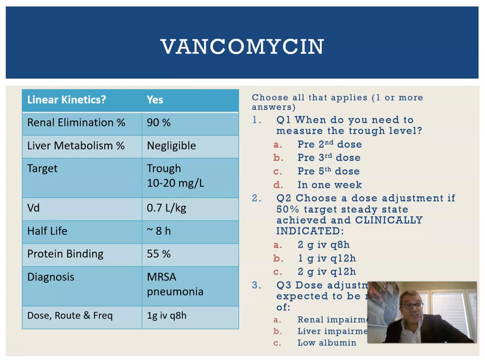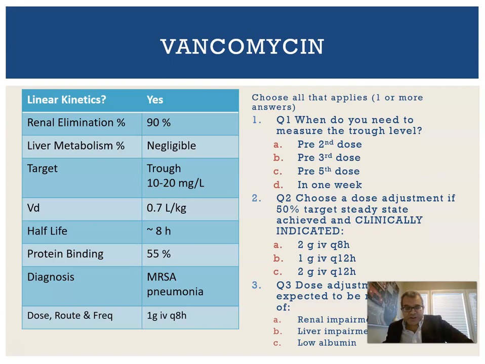You found this drug is 90% renally eliminated, has negligible liver metabolism, and this is your target, 10 to 20. And this is the VD, half-life 8 hours, protein binding 55%, and the patient has MRSA pneumonia, which vancomycin is used and indicated for. And this is the dose.